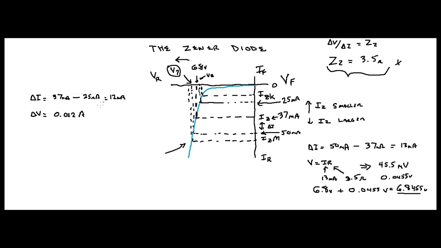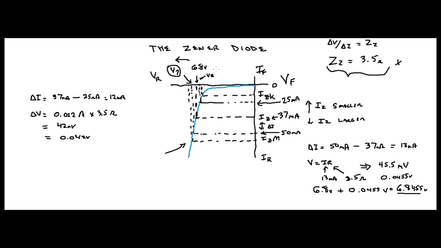That's 12 milliamps, right? Times 3.5 ohms. And that's going to equal, let me do this on my calculator here real quick, 42 millivolts, which is equal to 0.042 volts. Get it?